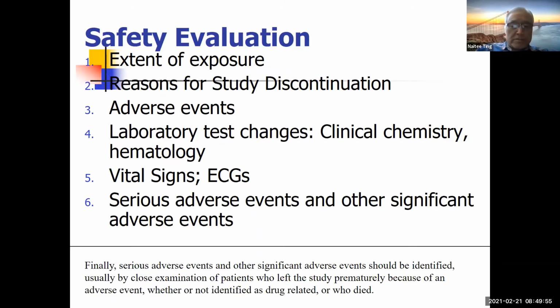Finally, serious adverse events and other significant adverse events should be identified, usually by close examination of patients who left the study prematurely because of an AE, whether or not identified as drug-related. So these are the things we're going to cover today to look at safety evaluation.